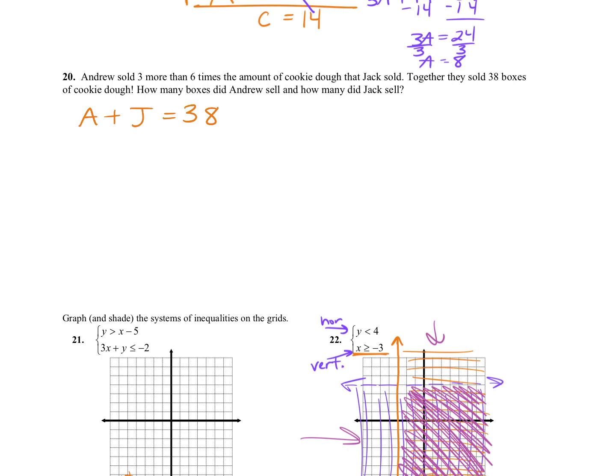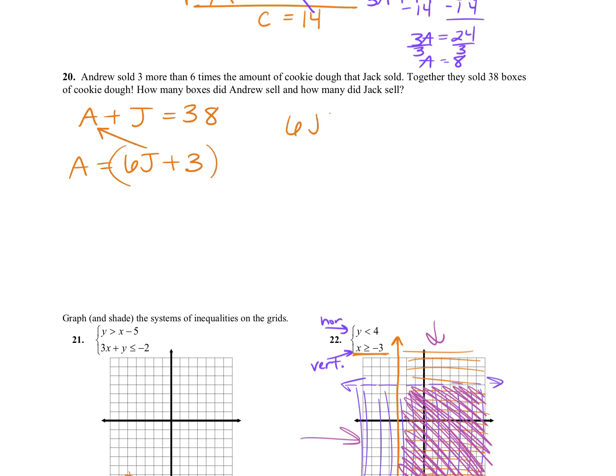So Andrew sold 3 more than 6 times the amount of cookie dough that Jack sold. How do you write that? A is equal to 6J plus 3, 6 times the amount of Jack plus 3. Yes. So this is your setup, okay? And now we can substitute. 6J plus 3 can go right here.